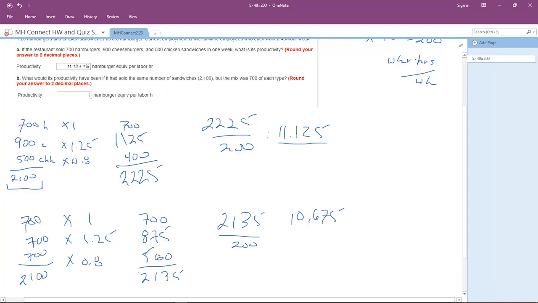And when we add this up, we end up with a different productivity number. Our productivity was 10.675 compared to 11.125. This is what the problem wants us to think about a little bit here.